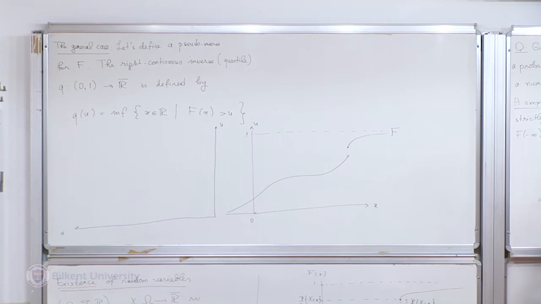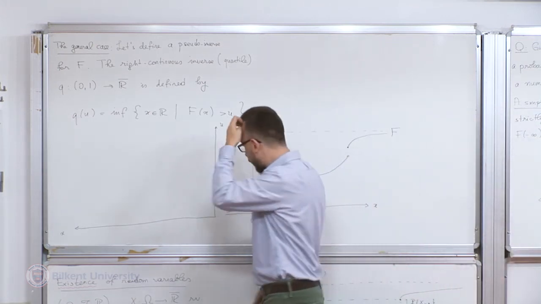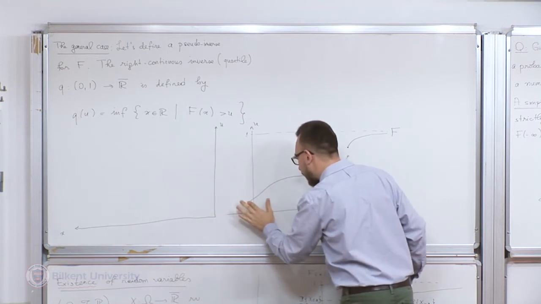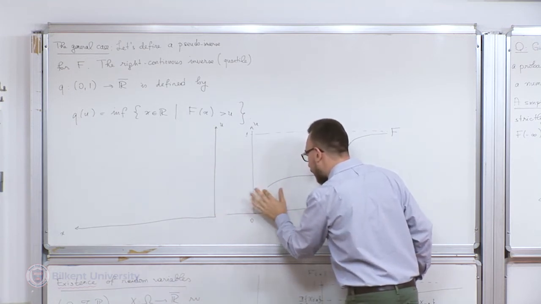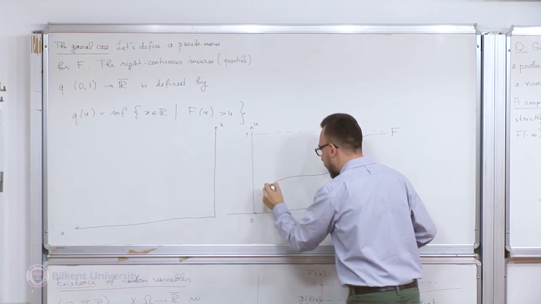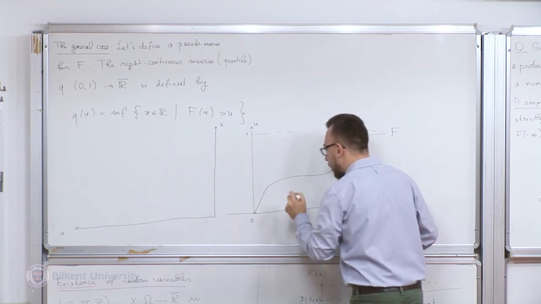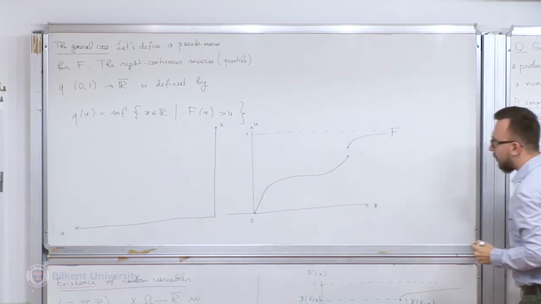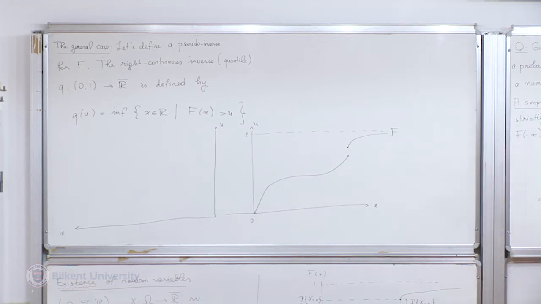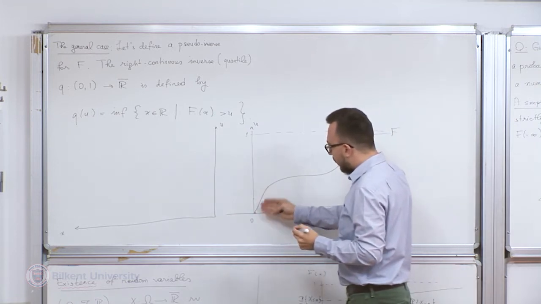So let's draw the q function. Let's draw the picture for the q function. Let me make this picture slightly easier. Okay, we're interested in really the parts where it's constant and it has a jump. So at the beginning, it's like a function that is invertible, right?